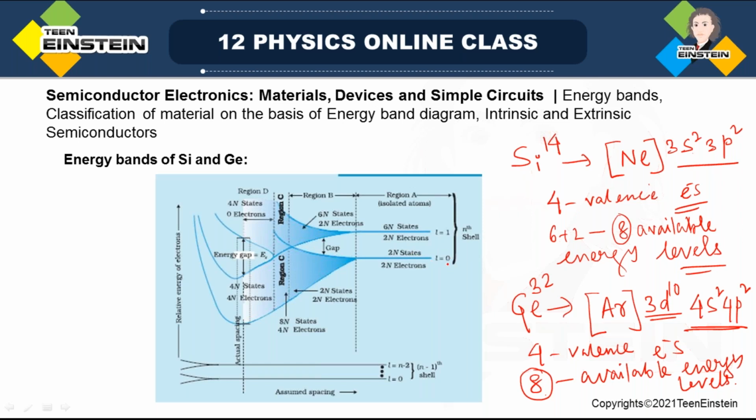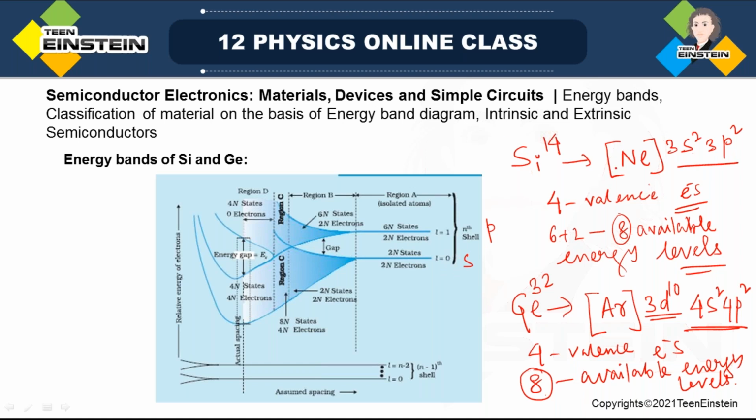Look here, L is equal to 0, that means it has the S shell, and L is equal to 1 corresponds to the P shell. So in the P shell there are 2 electrons, and in the S shell also there are 2 electrons.